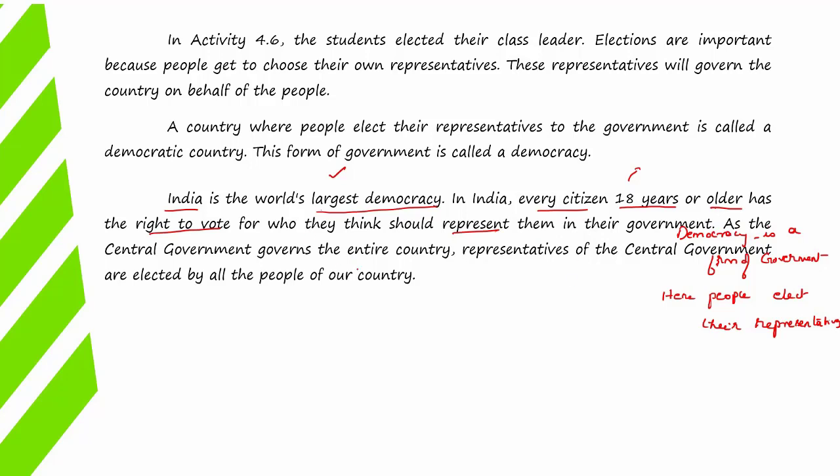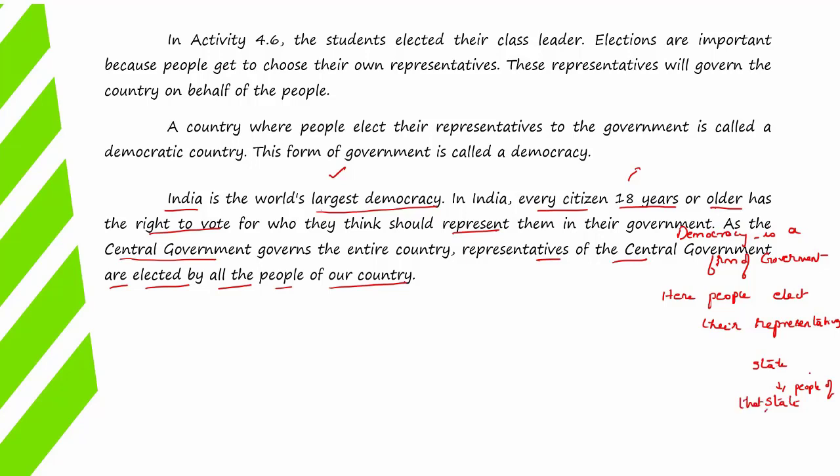Which government rules the entire country? The central government governs the entire country. So, the representatives of the central government are elected by all people of the country. Whereas the representatives of the state government will be elected only by the people of that state.